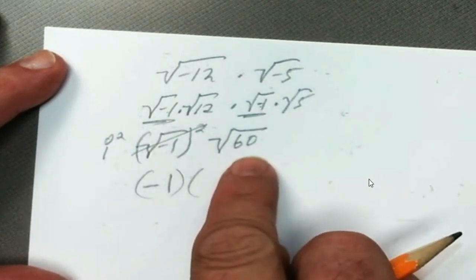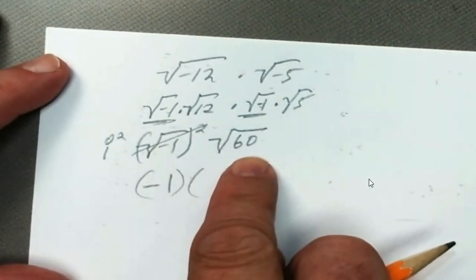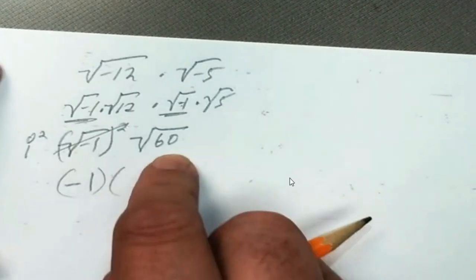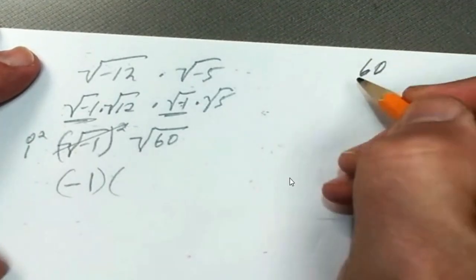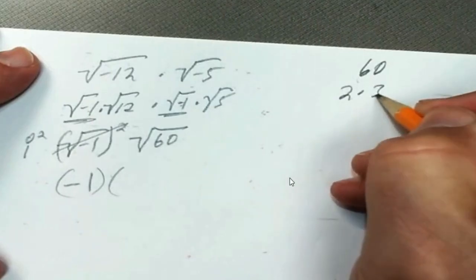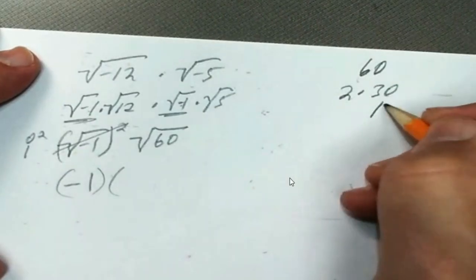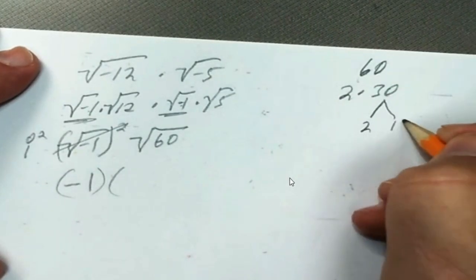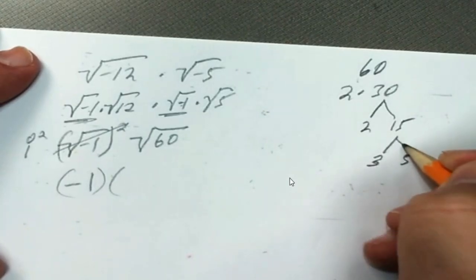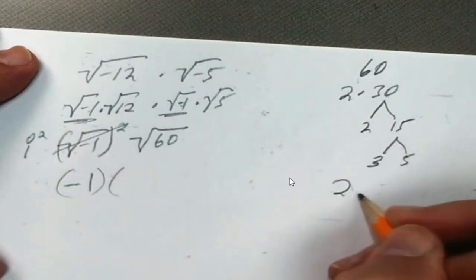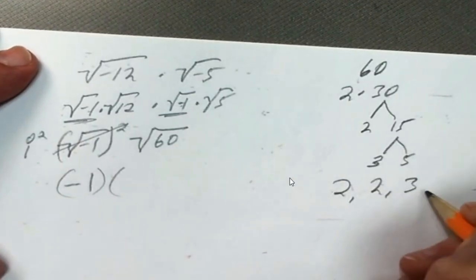Times, what can we do with the square root of 60? 60 is, let's see, we know we can take a 2 out of it. 2 times 30, and 30 is 2 times 15, and 15 is 3 times 5. So the factors are 2, 2, 3, and 5.